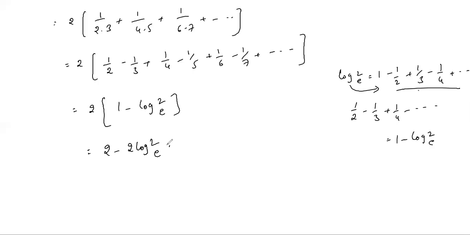What is the answer, Rahul? Option 3. Yeah, option 3. So we write log 2 base e or log 4 base e, the 2 you can take inside the number.